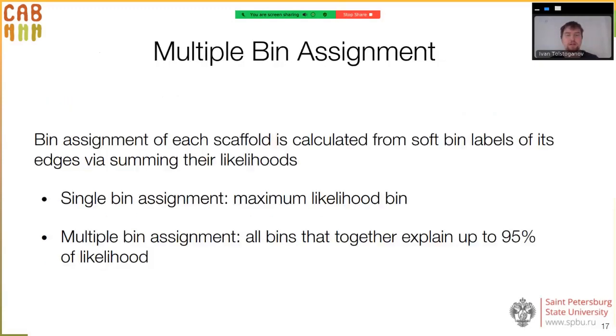So by minimizing the cost function, we obtain soft bin assignments for edges. And now we need to get bin assignment for scaffolds by summing bin likelihoods of edges on the scaffold based on length and soft bin labels on the edges. Then we use these likelihoods to obtain either single or multiple scaffold bin assignment, depending on the edge multiplicity and whether we allow the multiple bin assignment for long edges or not.